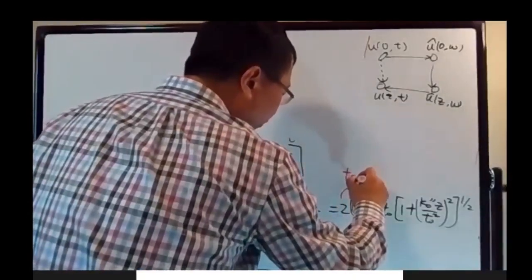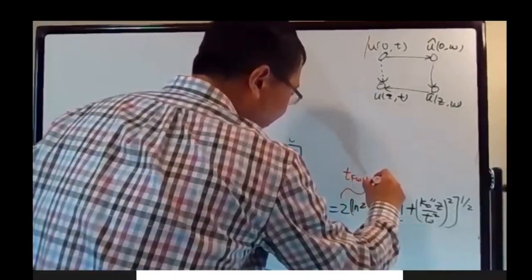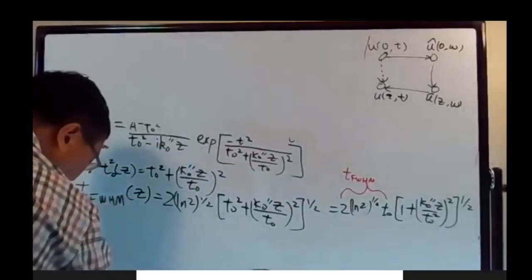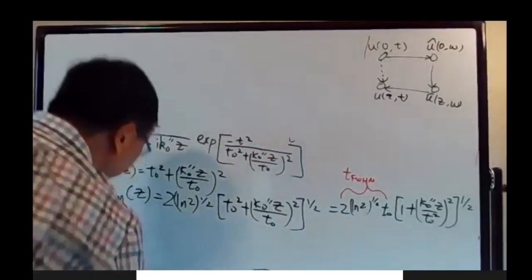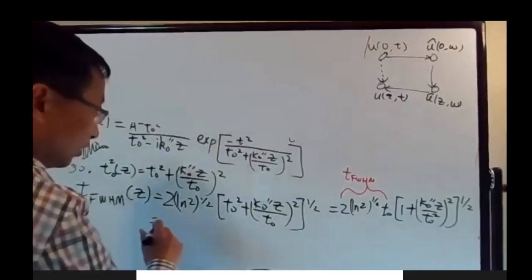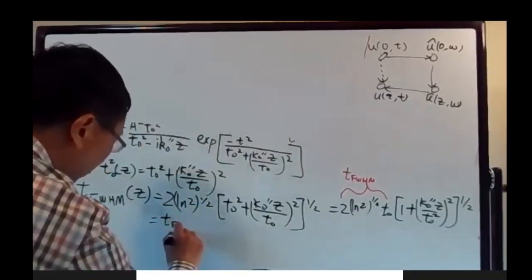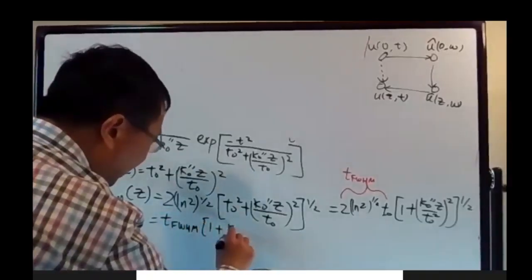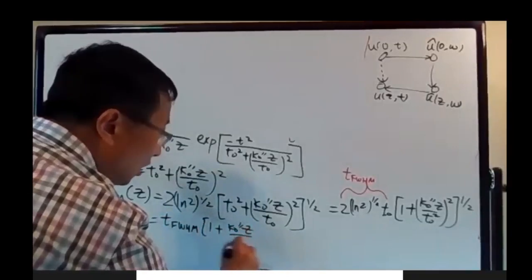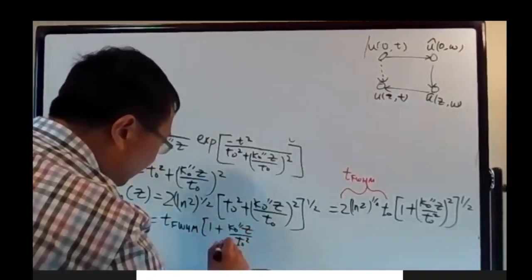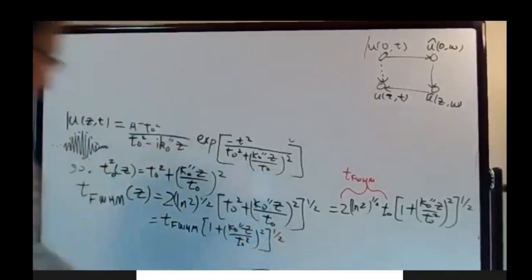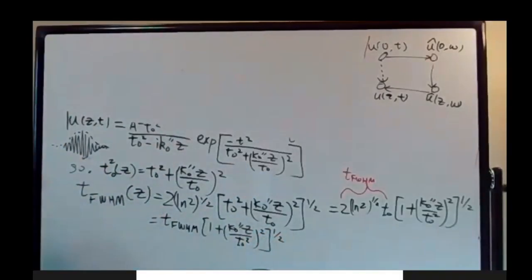So let's rewrite it: T full wave half maximum times 1 plus K naught double prime Z over T naught square, and take the square root.